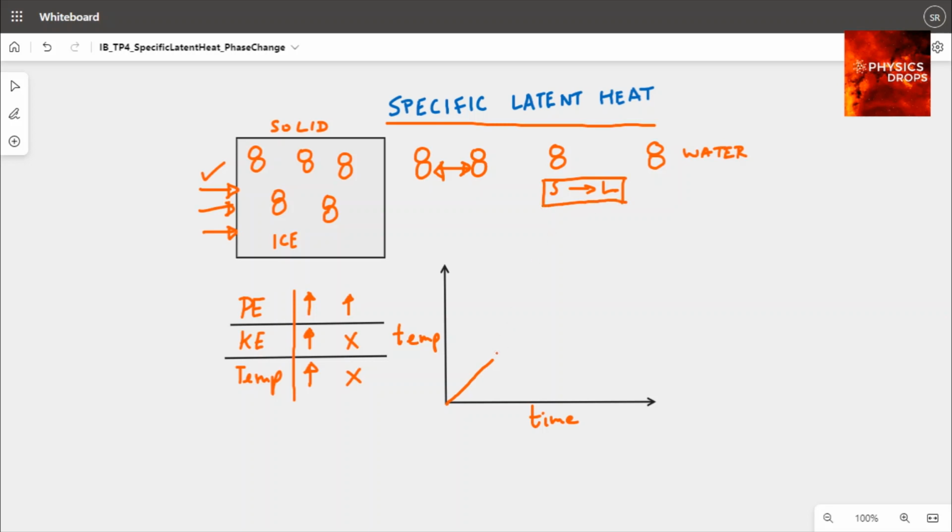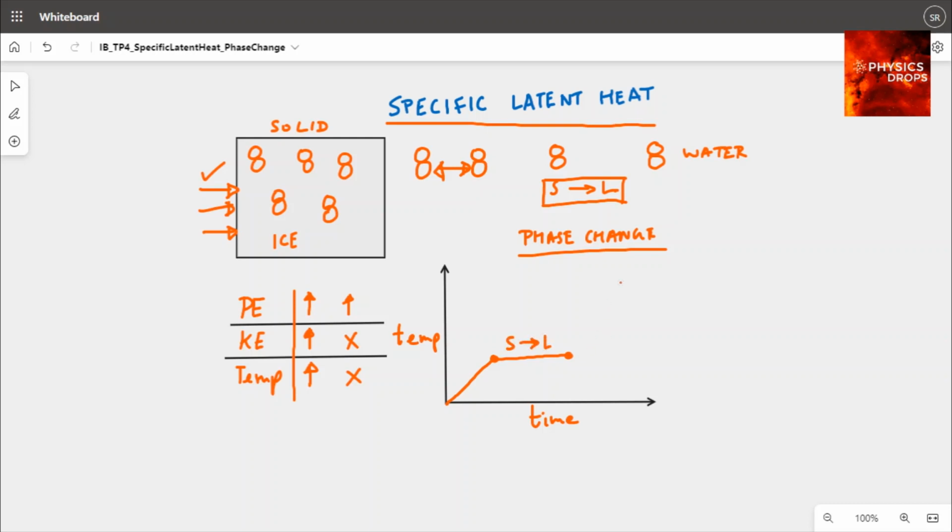This phase where it's being converted from solid to liquid and the temperature doesn't change is called the state of phase change, or we'll just call it phase change. So this is from solid to liquid.